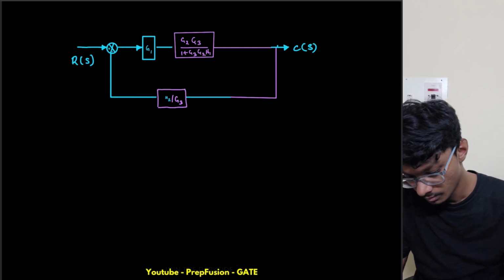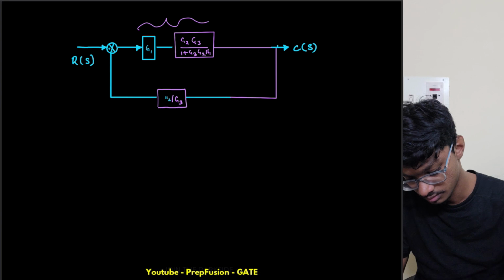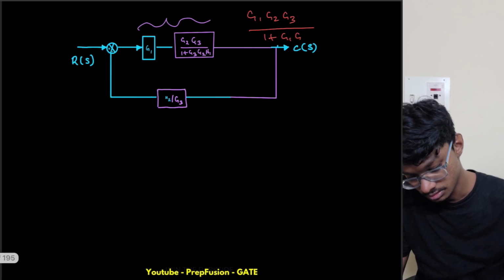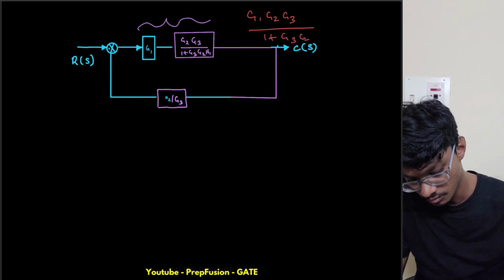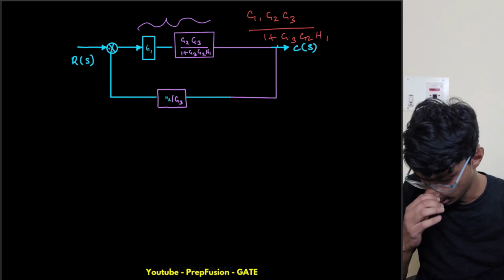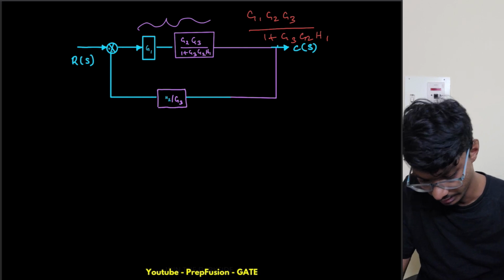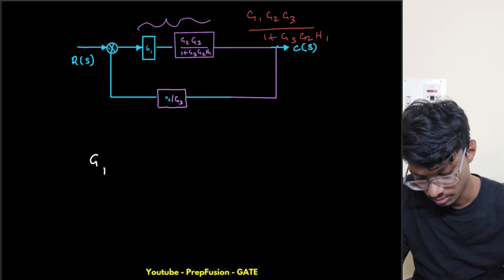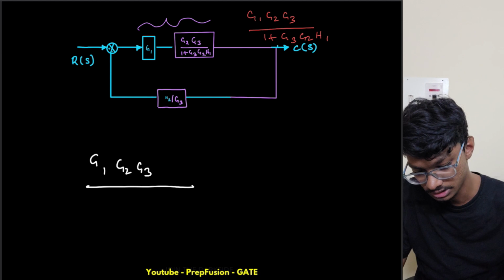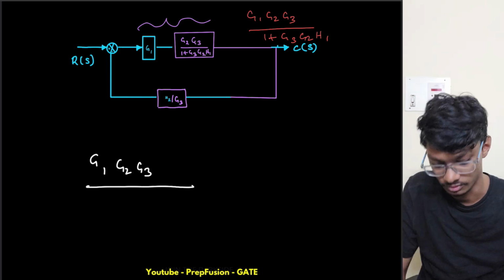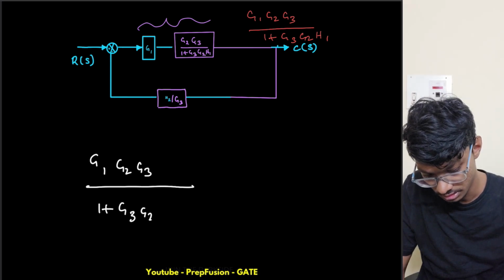This whole combination will be g1 g2 g3 divided by 1 plus g3 g2 h1, plus the g times h term. I will write the formula directly now. The numerator and denominator get multiplied by this term, and that is how I am getting this.